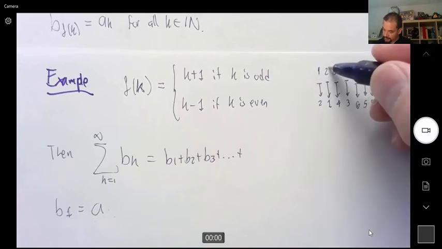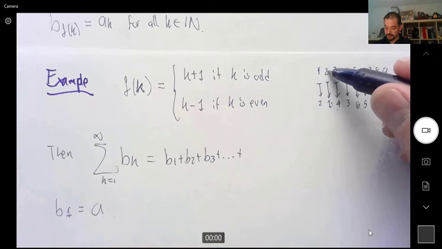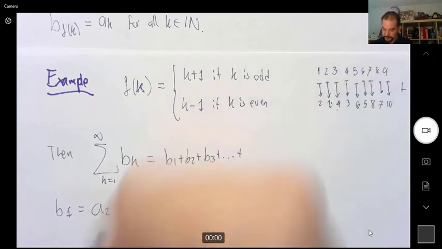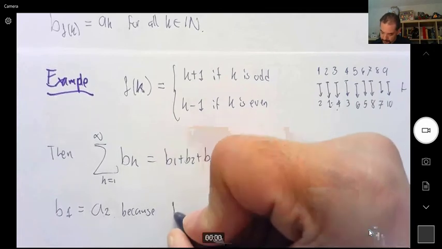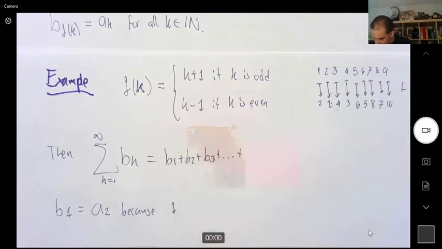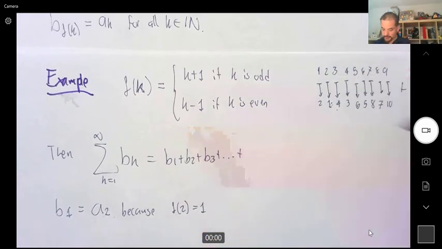So f maps these numbers to these numbers. Which one went to 1? 2, right? So b1 is a2, because f of 2 is 1. 2 went to 1. So that's why b1 is a2.